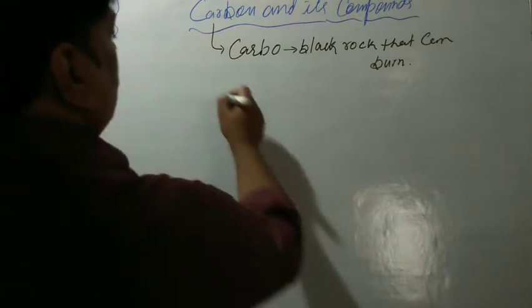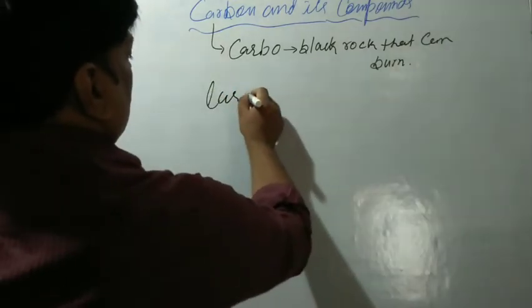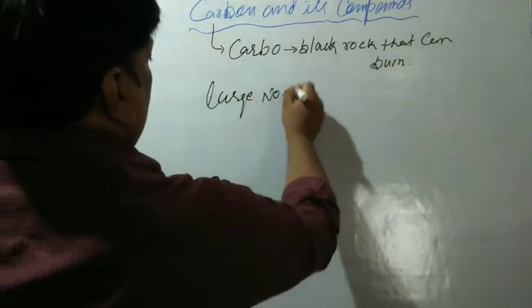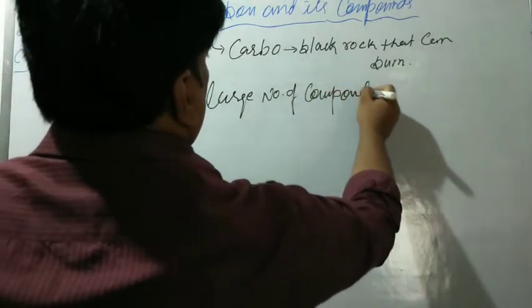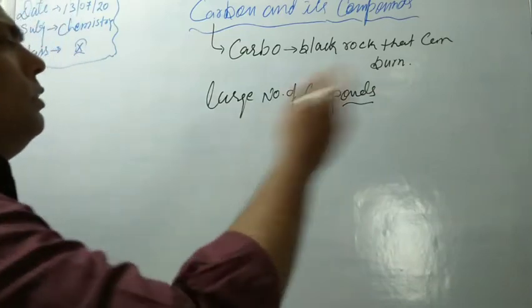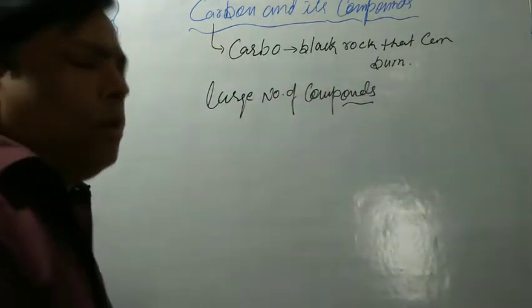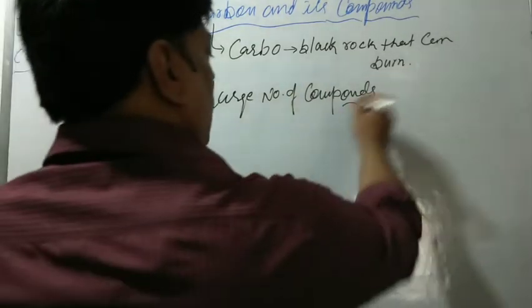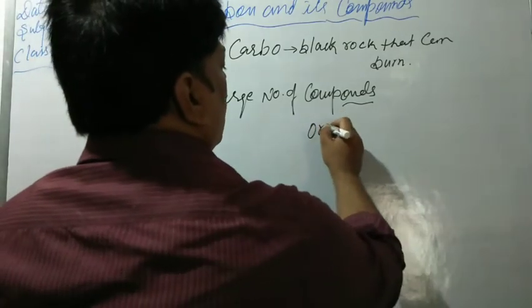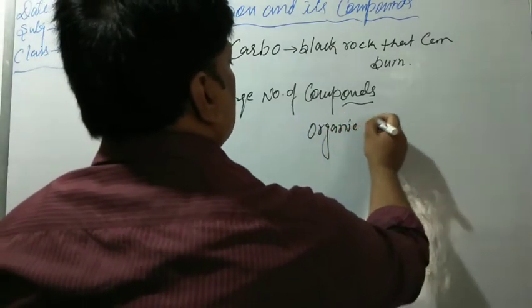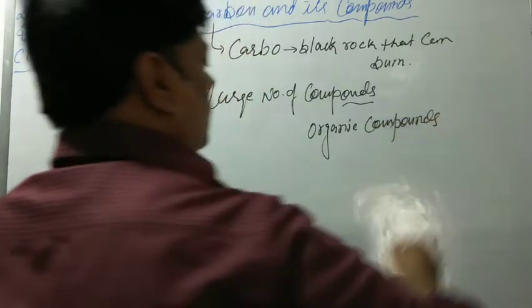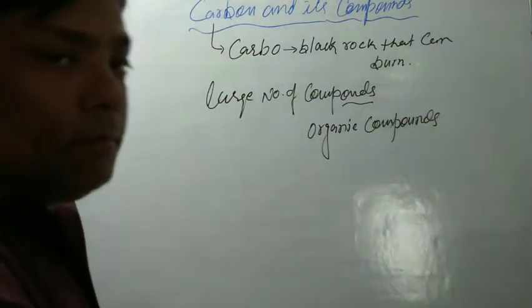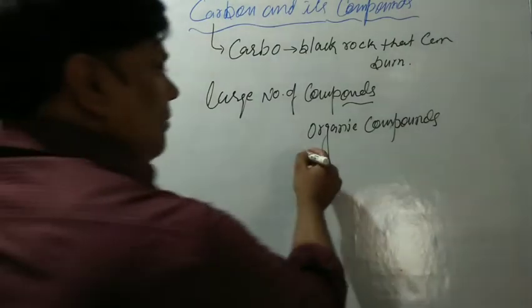Carbon can form a large number of compounds, and most of these compounds are called organic compounds. Again, organic is a Latin name.